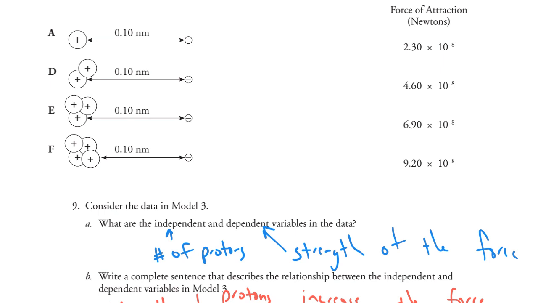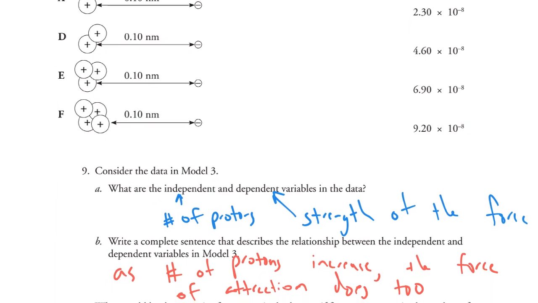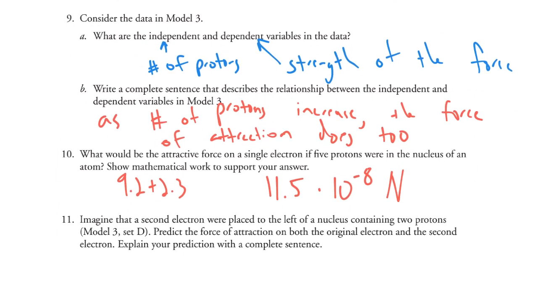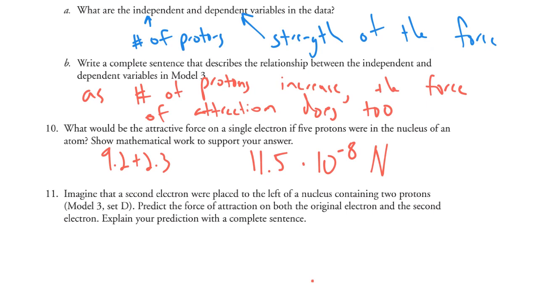It's going to be the same amount of pull in all directions, regardless of whether there are any electrons out there. So if this force of attraction is 4.6, then if another one comes in, it would be another 4.6 times 10 to the negative 8th newtons.